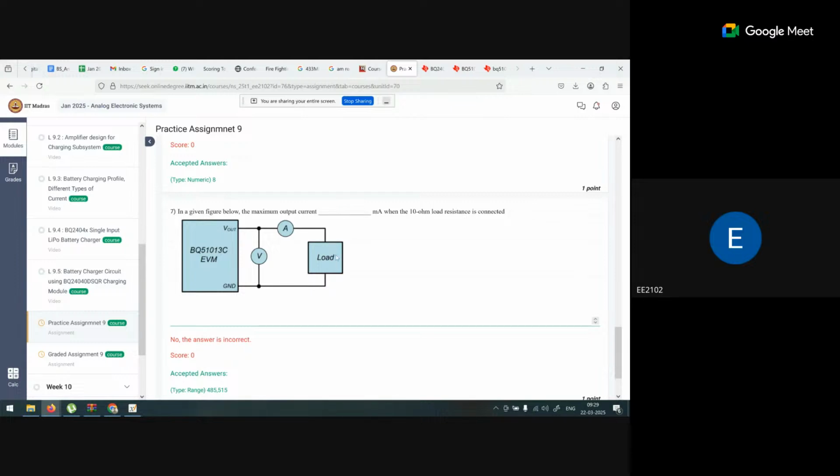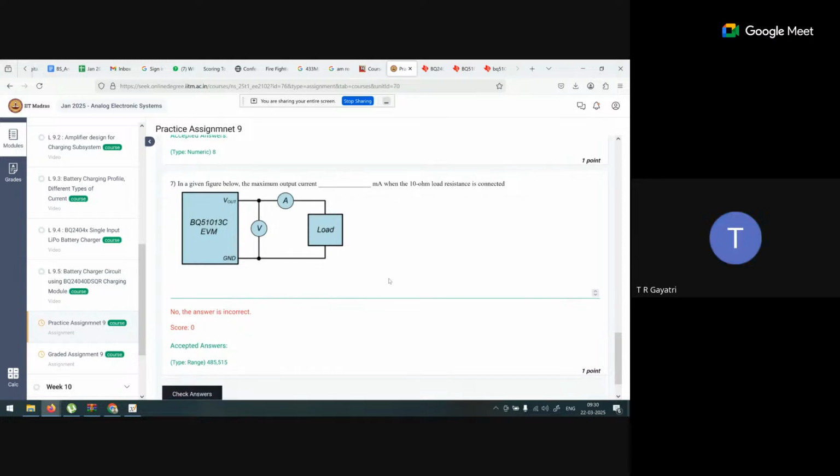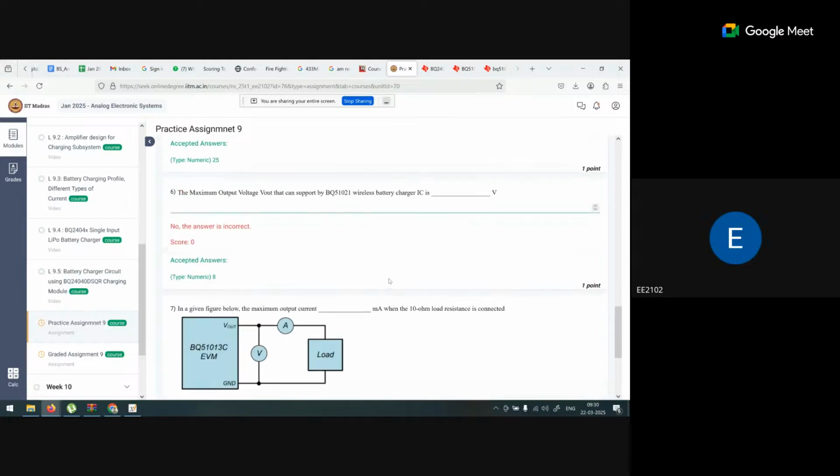So it is 0.8. The answer is showing something else. So the maximum output current, 5.0, okay, 5.01.